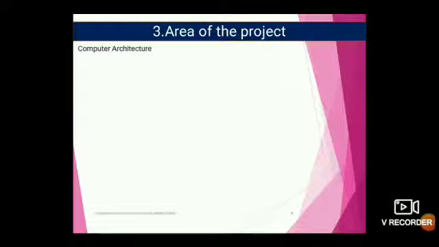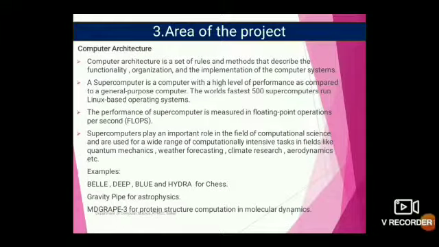The area of the project is computer architecture. Computer architecture defines a set of rules and methods that describe the functionality, organization, and implementation of computer systems. Then comes the supercomputer. A supercomputer is a computer with a high level of performance compared to other systems, and they are the world's fastest computers. Most supercomputers use the Linux operating system because Linux provides major support for the open source computing model.